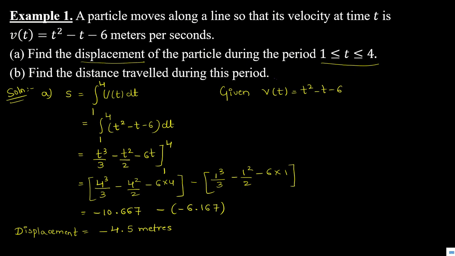Next, looking into the distance traveled during this period, that is from 1 to 4. Solving for part B, again noting down the velocity function given, v of t is equal to t square minus t minus 6. To find the distance traveled, we need to integrate the velocity from 1 to 4.